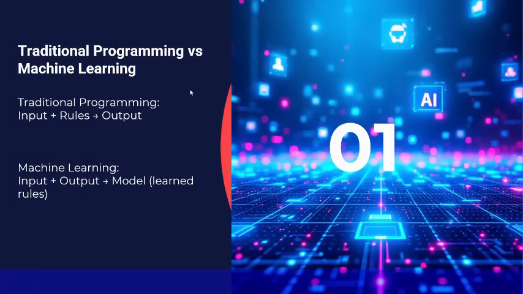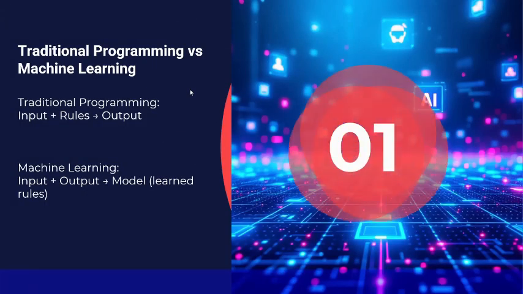Now, let's compare traditional programming versus machine learning. Traditionally, we had input and a set of rules or program logic, after which we have an output.